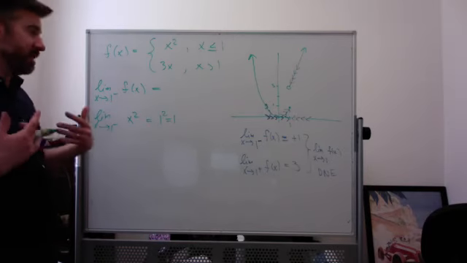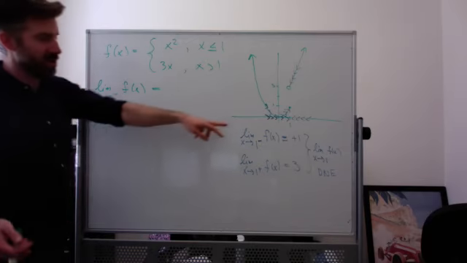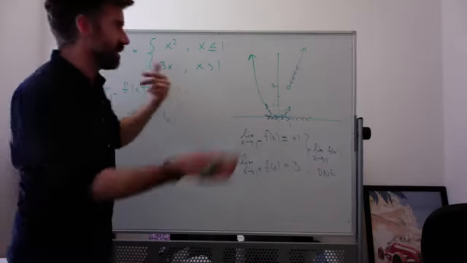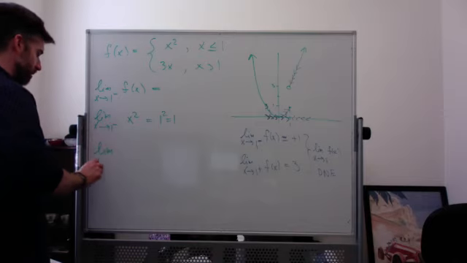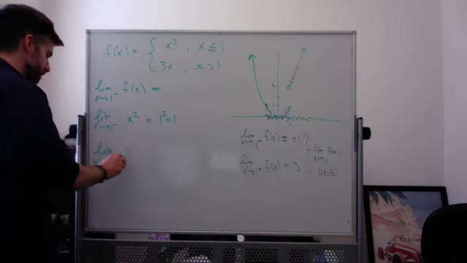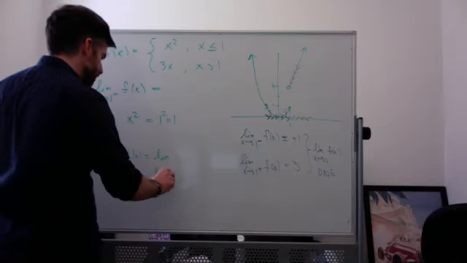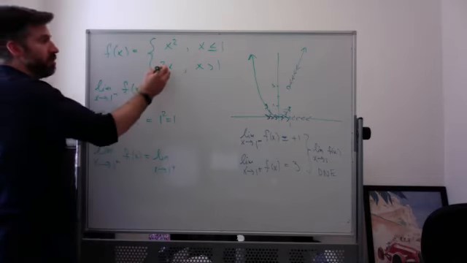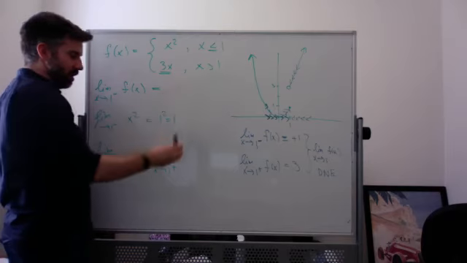We actually want to see that we are getting closer and closer to 1. Even though you actually do get to 1 here, so that's not a good example. Let's look at the other side. So if I take the limit as x approaches 1 from the right of f of x, well now I'm going to end up using the bottom piece of the function because that is when x is to the right of 1.